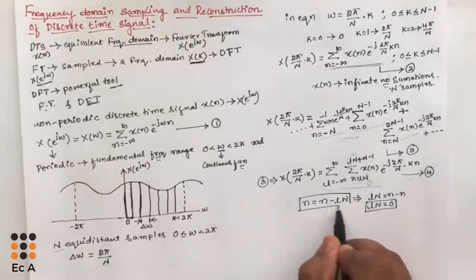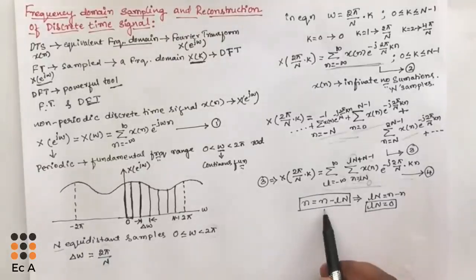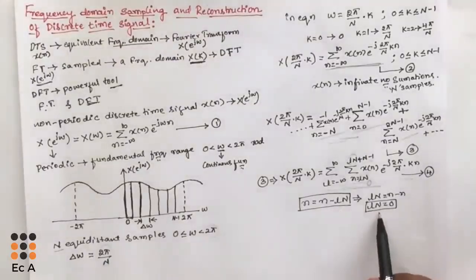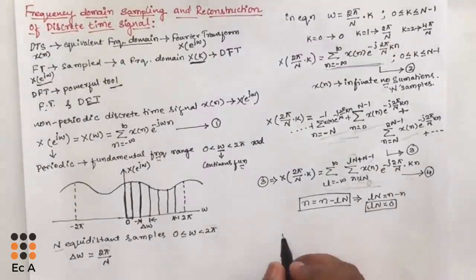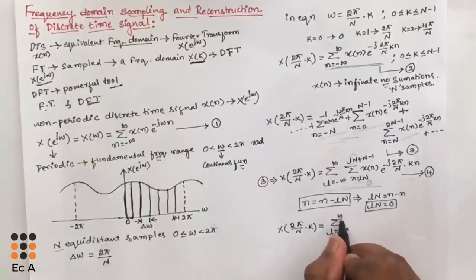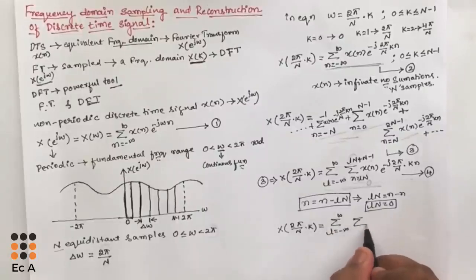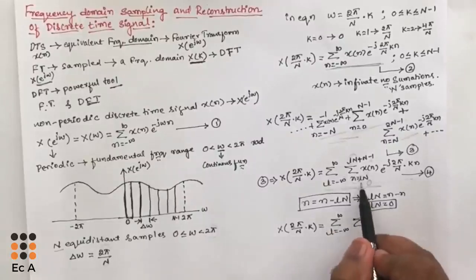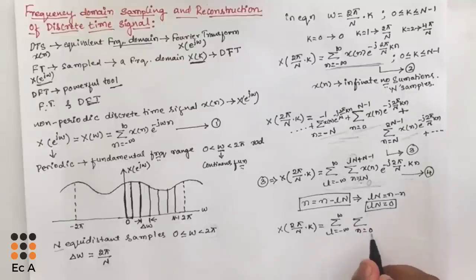So in the above equation, let us replace n by n minus ln. At that case ln will be equal to 0. So we can write the above equation as X of 2 pi by N into k is equal to summation of L is equal to minus infinity to infinity. If you put ln is equal to 0 here, it will be n is equal to 0.